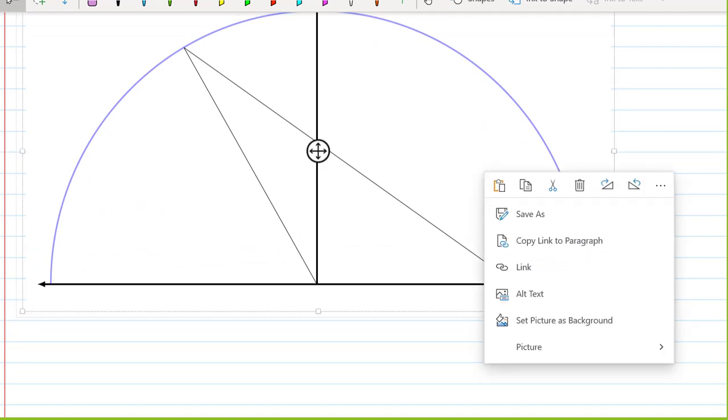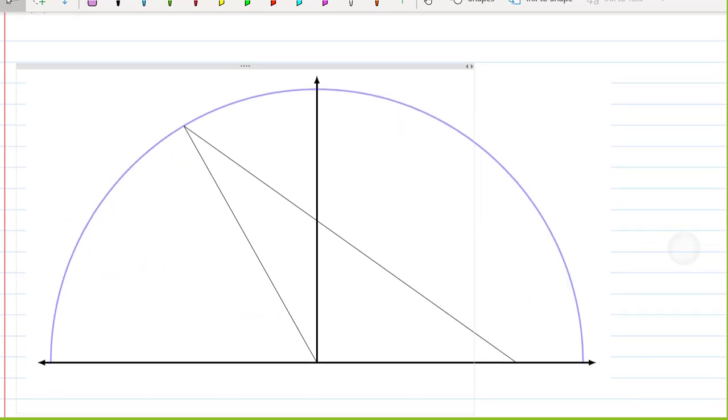So let's go ahead and label what we know. We know this angle right here is angle capital C, so that would make this side little c.